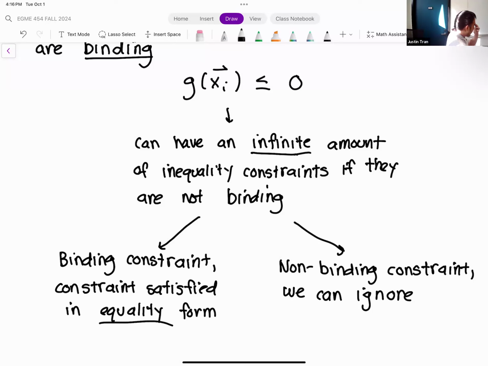If we can ignore it in the problem, we just get rid of it. Mathematically, we can set up a Lagrange multiplier problem, and we just set its Lagrange multiplier to 0. But effectively, what we're doing is just ignoring those constraints.